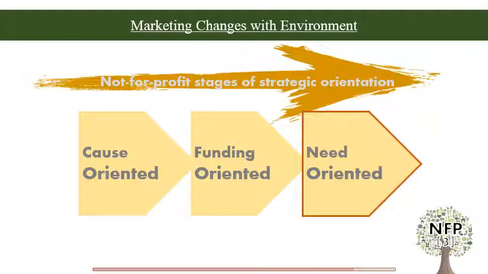It's more used to the regularity with which it is successful at attracting funding and can almost take it for granted, for want of a better expression. So the need orientation stage represents a more stable and sustainable organizational outlook, but it is one that has been earned by successfully progressing through the previous stages.